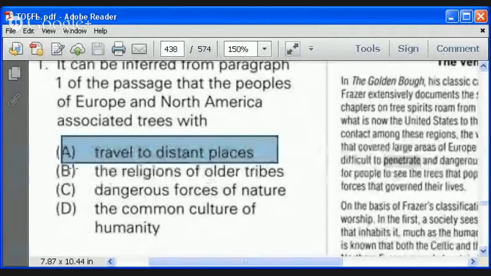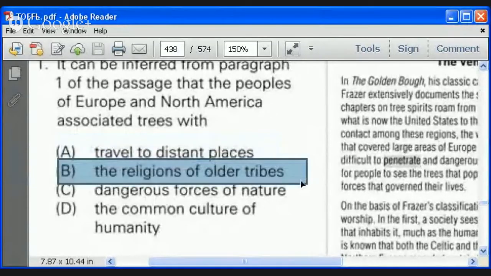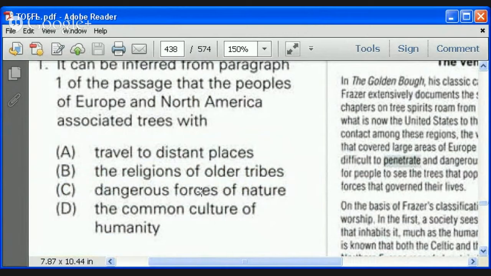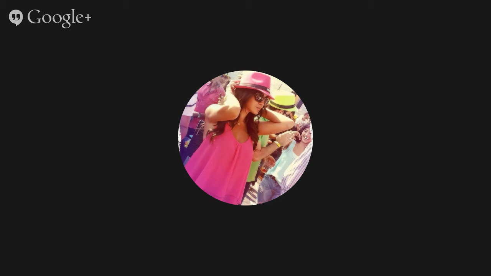Travel, religions of old tribes, dangerous forces of nature, or the common culture of humanity. Which do you think, Selma? You still think B? No, I've changed my answer.